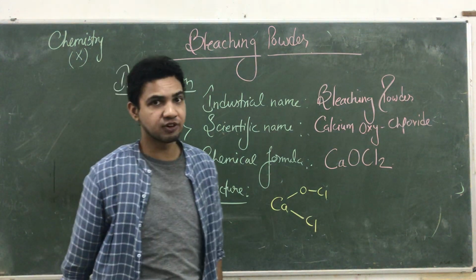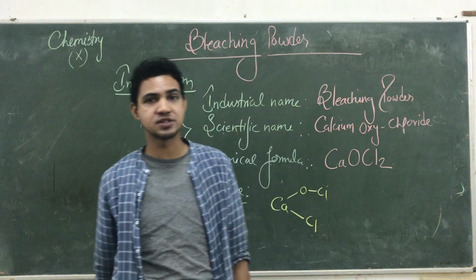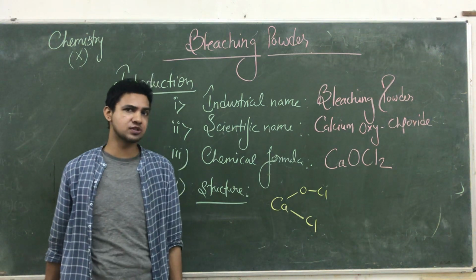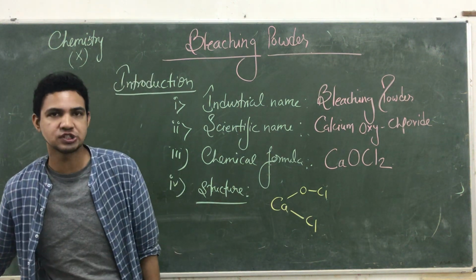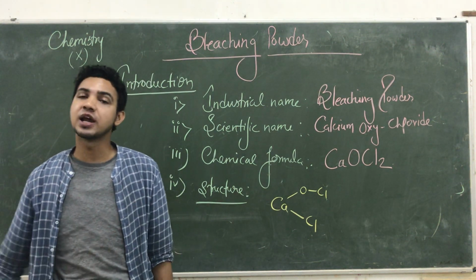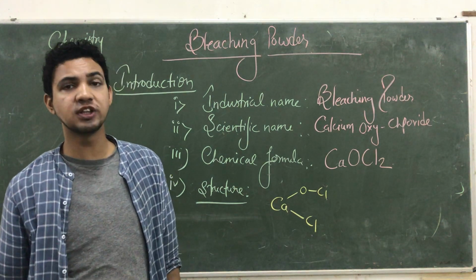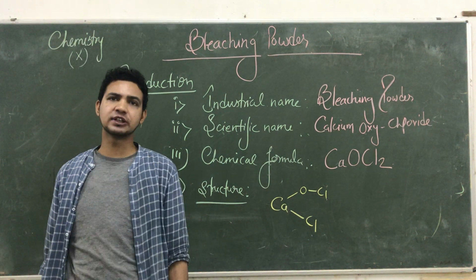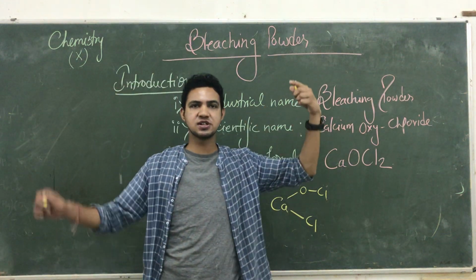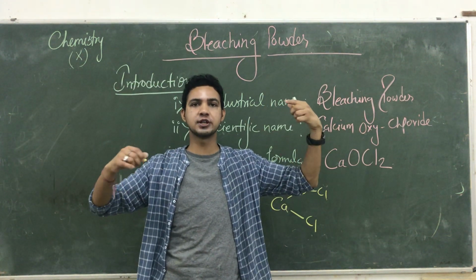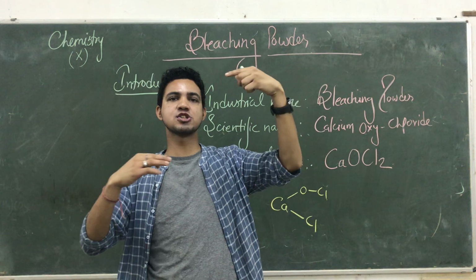Then we are working on its preparation methods. Generally there is one industrial preparation method, in which we treat lime water or calcium hydroxide with chlorine gas. That reaction takes place in industrial areas. We take many rotators, connected to each other.